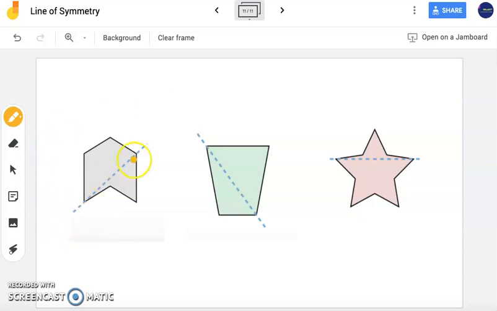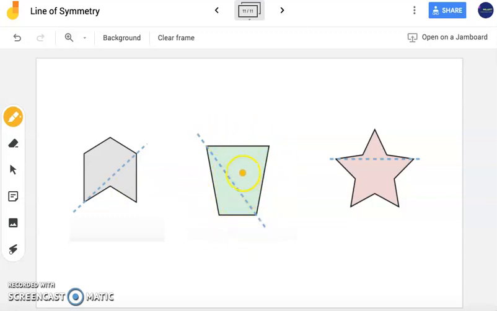So notice this line here. This object, you might see, yes, it could be symmetrical, but this line of symmetry is not a good representation of that. Yes, we can draw this another way to show that it's symmetrical, but the given line is not a good representation because to the left and right are different amounts on both sides. Same for here.